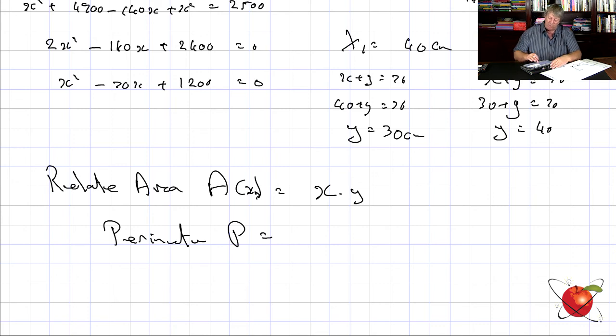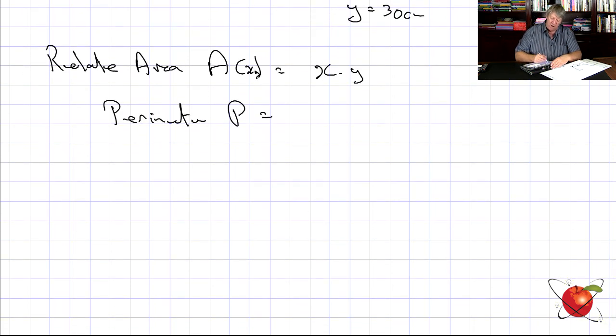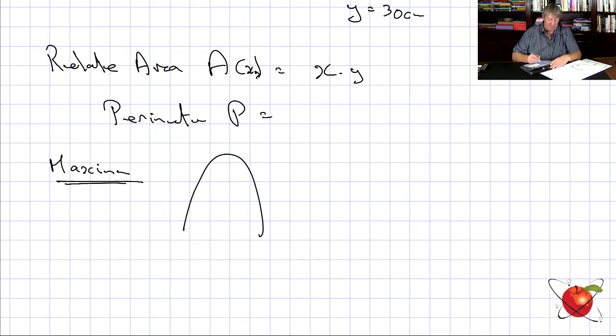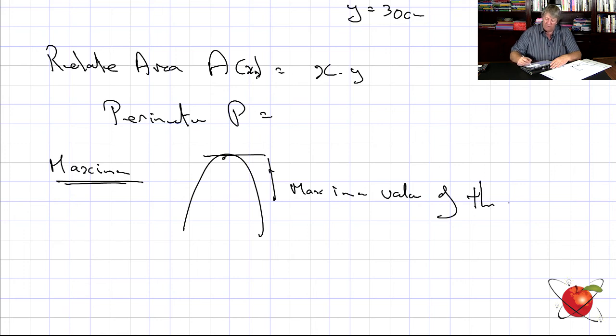Then when you see problems which have the word the maximum, right? Those are generally problems involving a parabola, an upside down parabola. Why? Because the maximum value of the function, the f of x, right? I'll leave it at that.